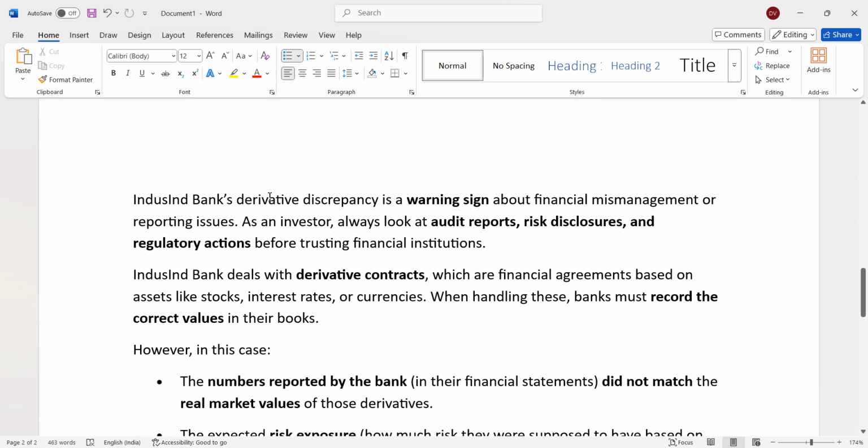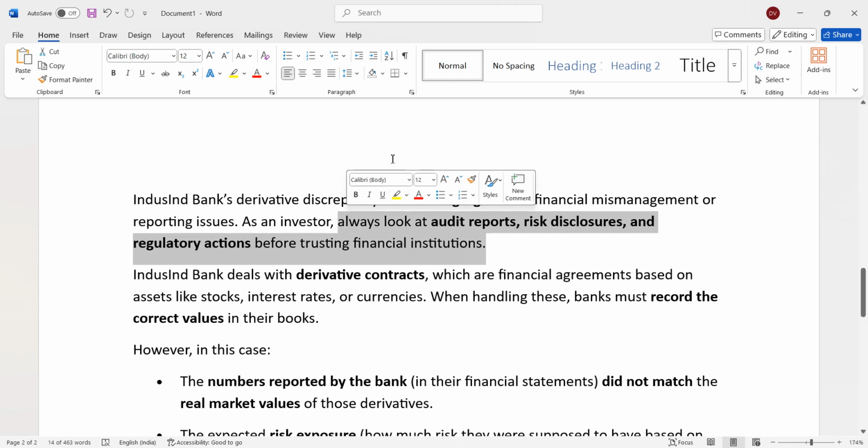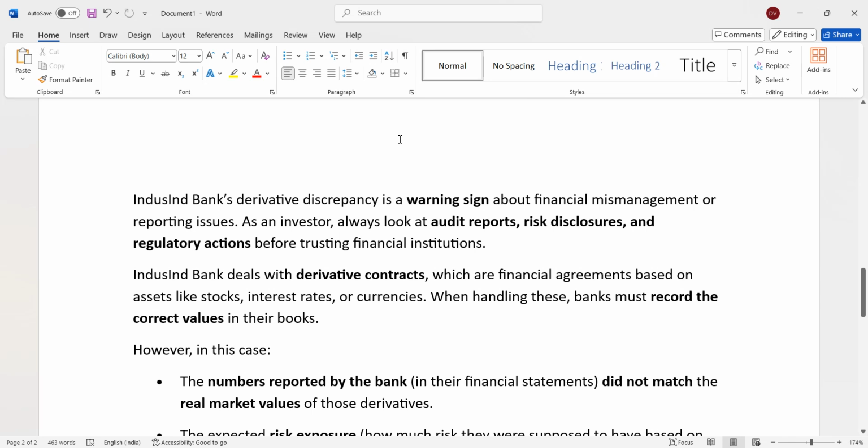So how can we take this? This is a warning sign about financial mismanagement or reporting issues. As an investor, always look at audit reports, risk disclosures and regulatory actions before trusting financial institutions. This I have explained. We take investment decisions on the financial reports.